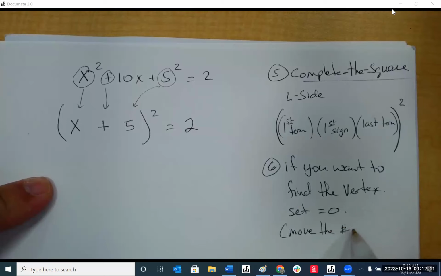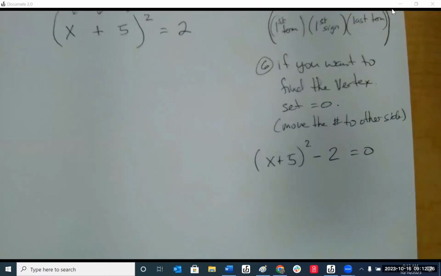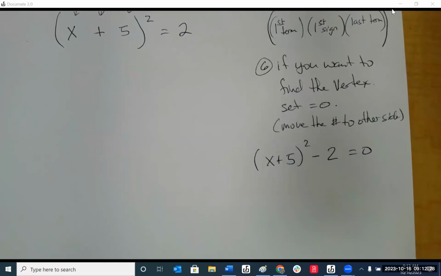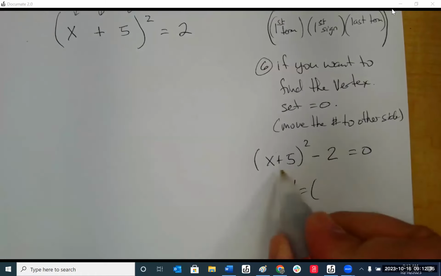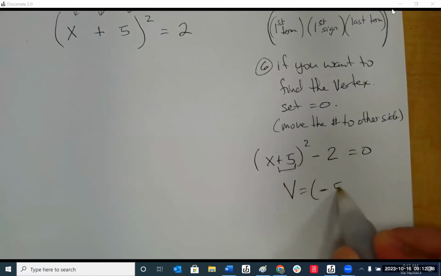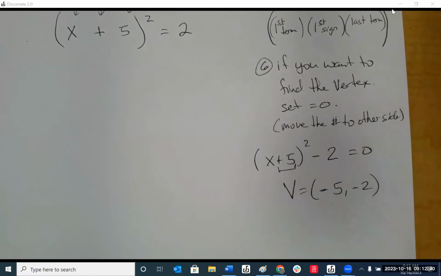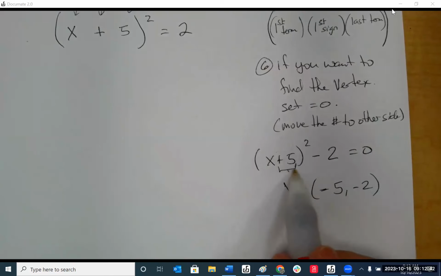Move the number to the other side. So if we wanted to, we'd have x plus 5 squared minus 2 equals 0. This is the vertex form. So the vertex of this equation would be negative 5, negative 2. It's whatever's opposite inside there.